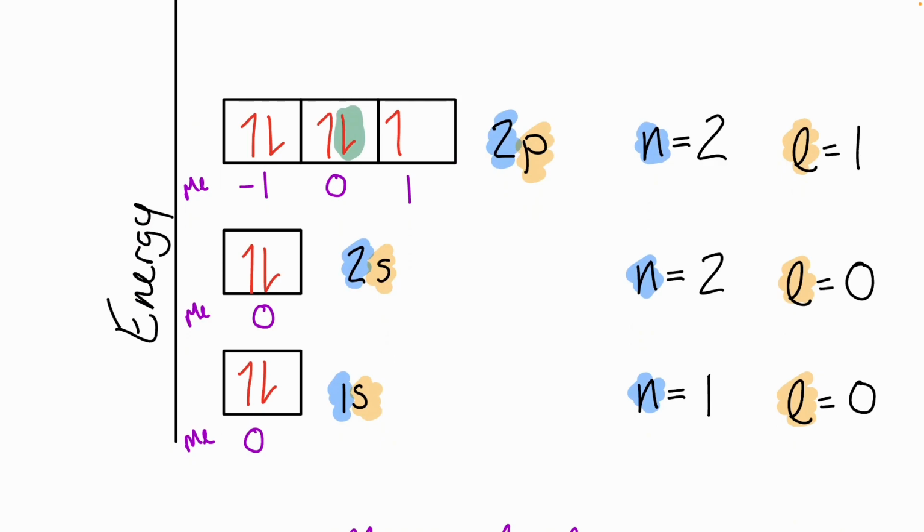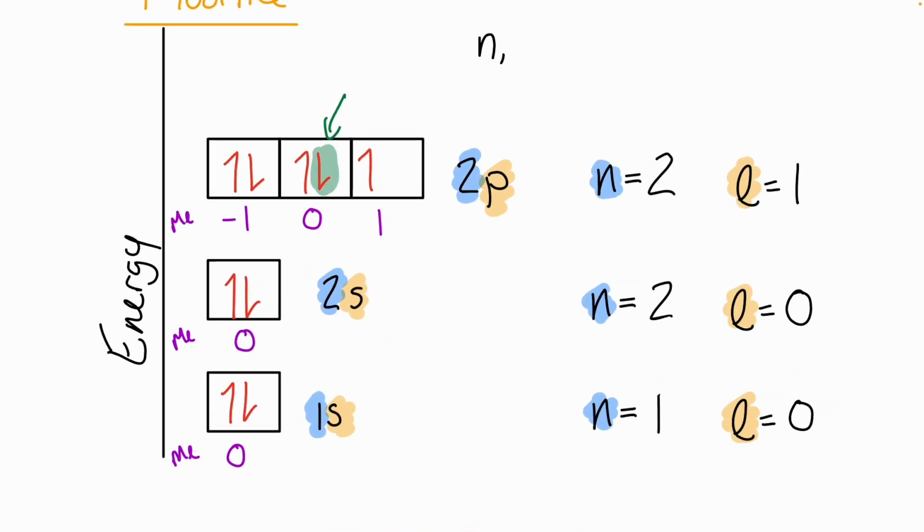What four digits do I need to specify this guy? Again, we're going to need a principal quantum number, an angular momentum quantum number, a magnetic quantum number, and a spin quantum number. If I have those four, I uniquely point to one electron on this diagram.